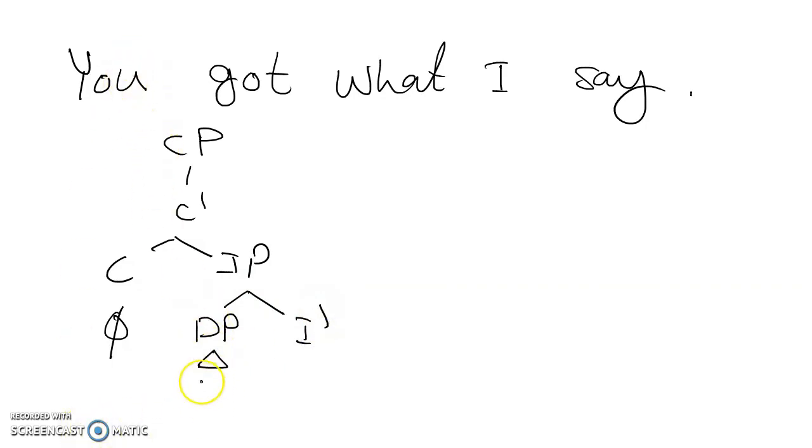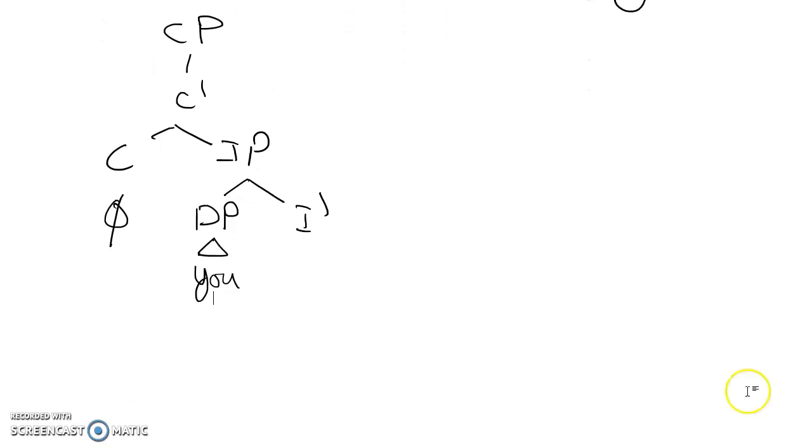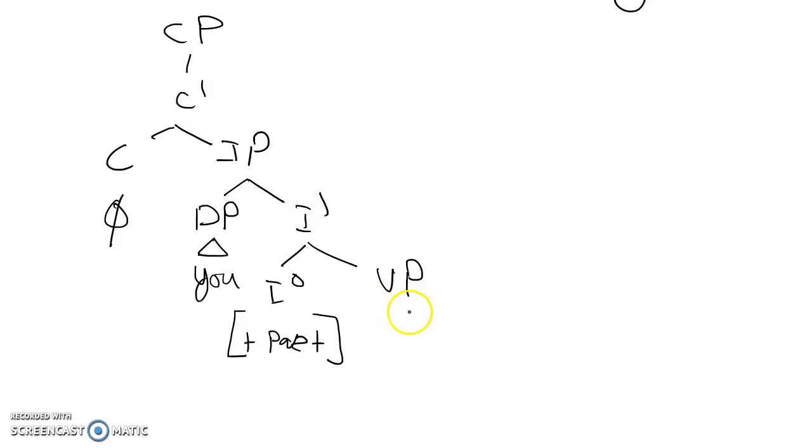This is the subject of my sentence. Now regarding this, I have to start saying something about the verb. So I have to say, for example, I bar consists of I0 and the VP. In I0, I have to include that I have plus past, since the tense is the past.